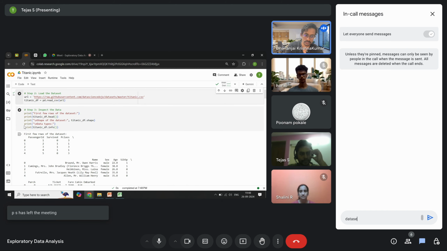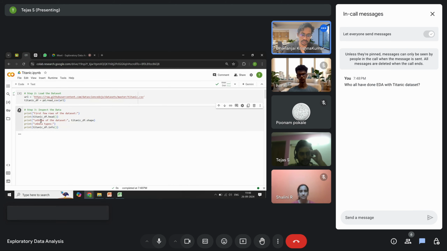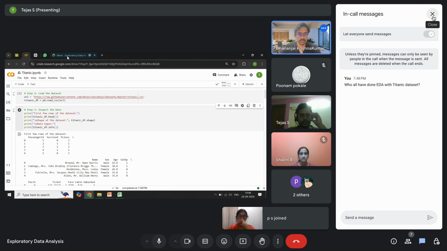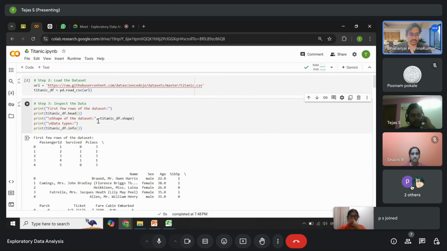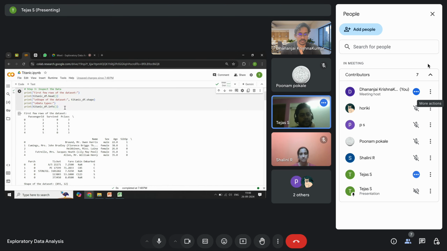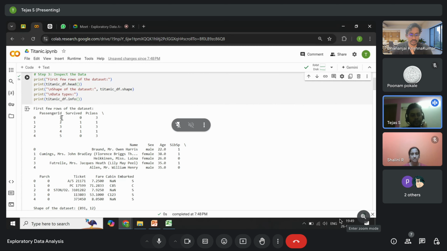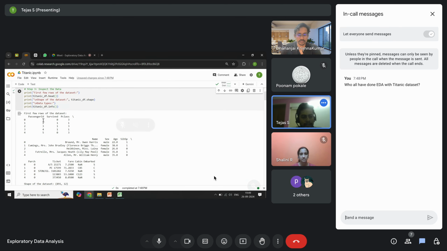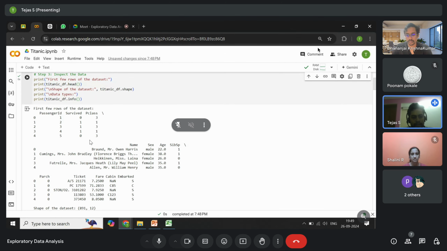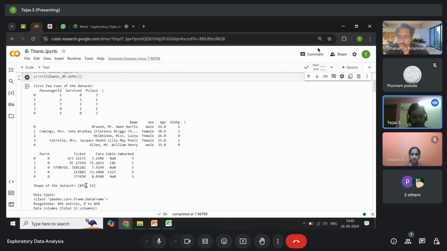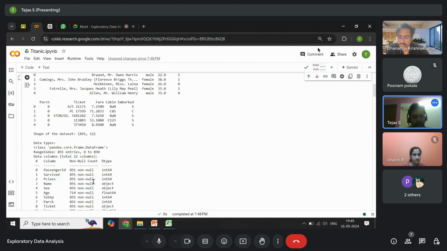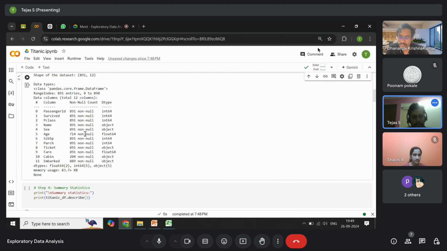Next I inspect the data. For example, the first few rows of the data set have these values, the same as I explained, and the shape of the data set, that is the number of rows and columns. We have 891 rows and 12 columns. Next, data types. You can see we have int values, object, float, etc.